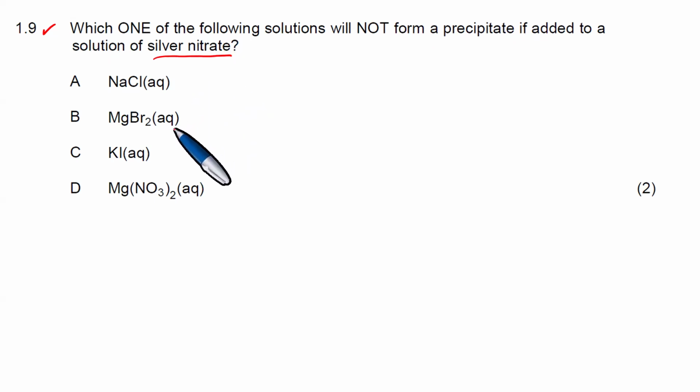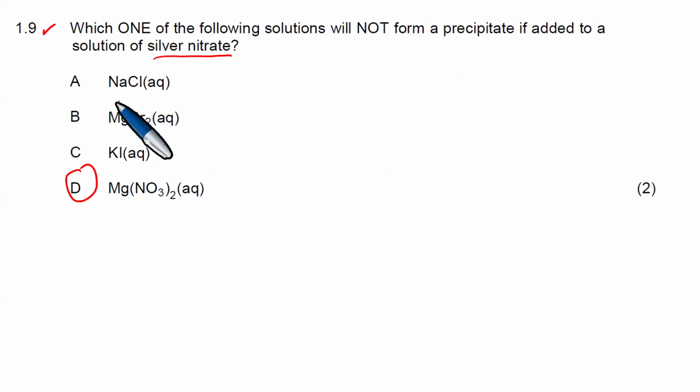Obviously at this point, it is another substance of the nitrate type, and therefore it is what we call magnesium nitrate. The rest of these salts will form precipitates.